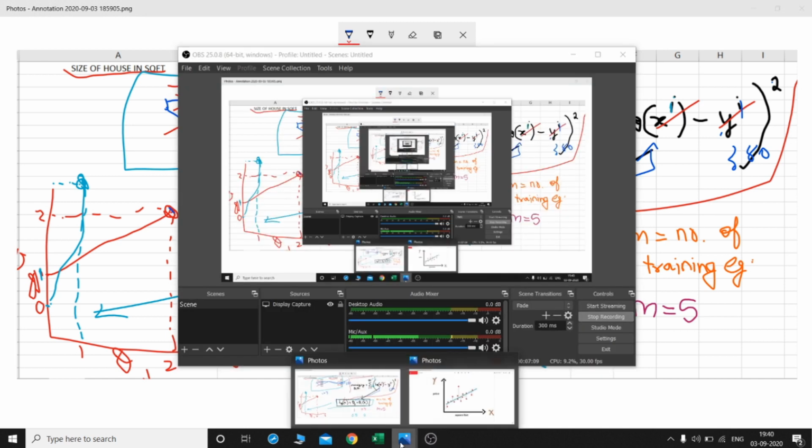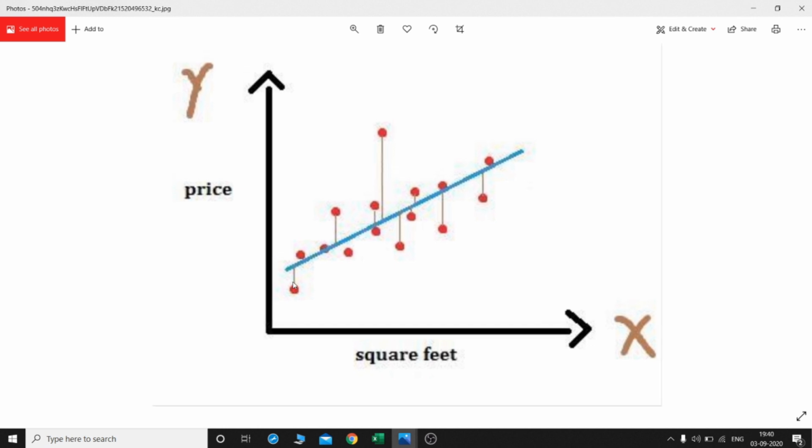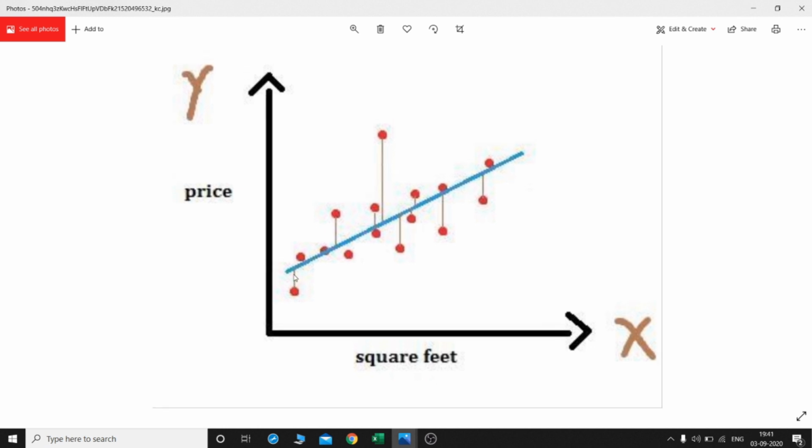So h theta of x is this, and y is the difference between the linear regression line and your points. The square of the differences is depicted here. This is the square of the difference between h theta x and y, and so on. Once you find this, it will be extremely easy for you to find the prediction.